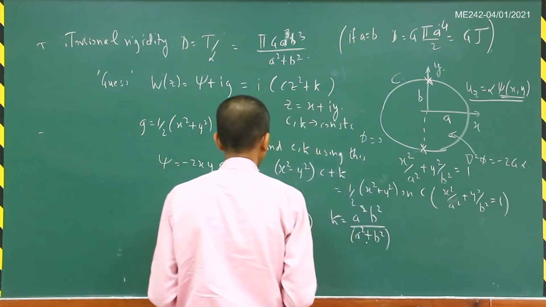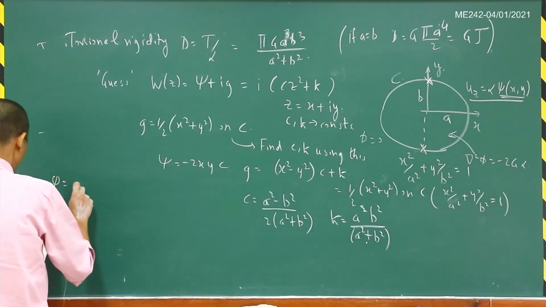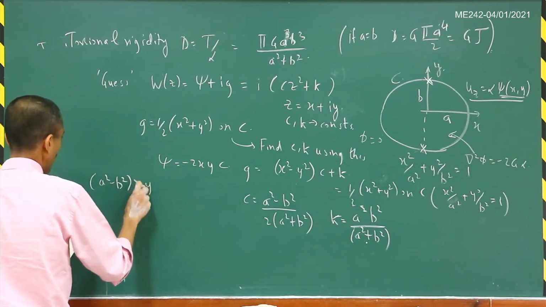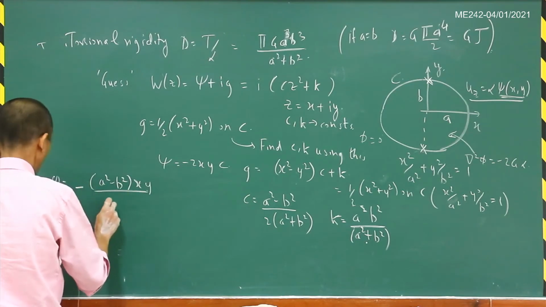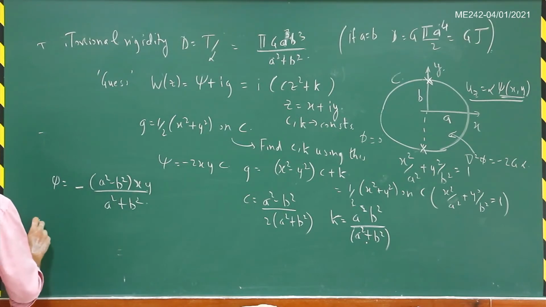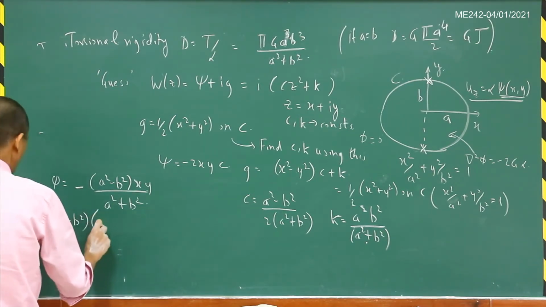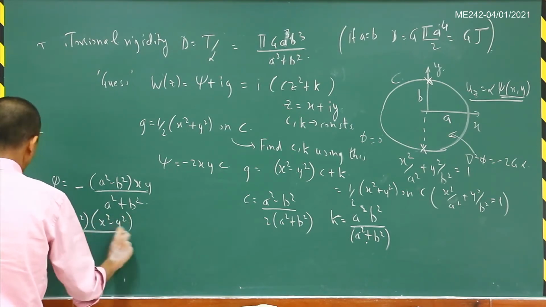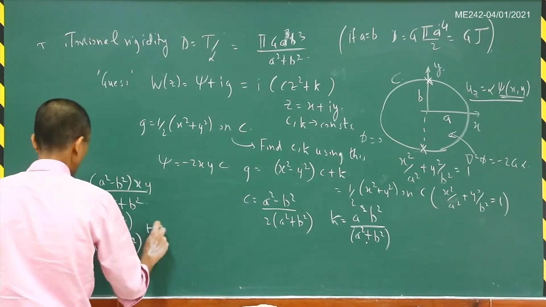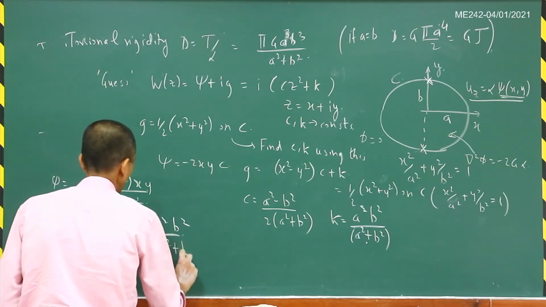So from this we will get that psi is equal to minus of a square minus b square times xy divided by a square plus b square, and the conjugate function g is equal to a square minus b square times x square minus y square divided by 2 times a square plus b square, plus a square b square divided by a square plus b square.